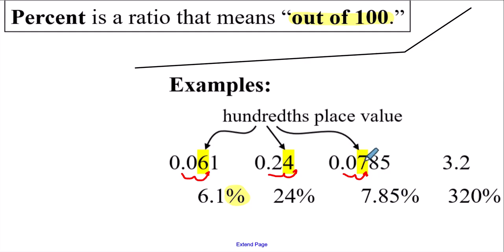So the digit that is in the hundredths will be the digit to the left of the decimal point, and everything to the right of the hundredths will be to the right of the decimal point when you write it in percent form. And then finally, 3.2 is the same as 3.20. So this is 3 and 20 hundredths, so that's 320%. Again, still moving the decimal point 2 places to the right.